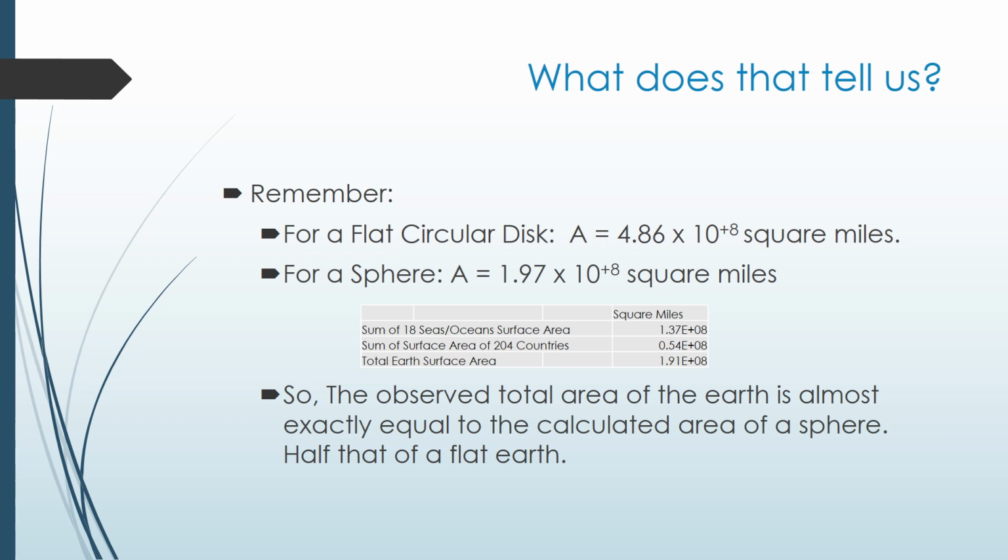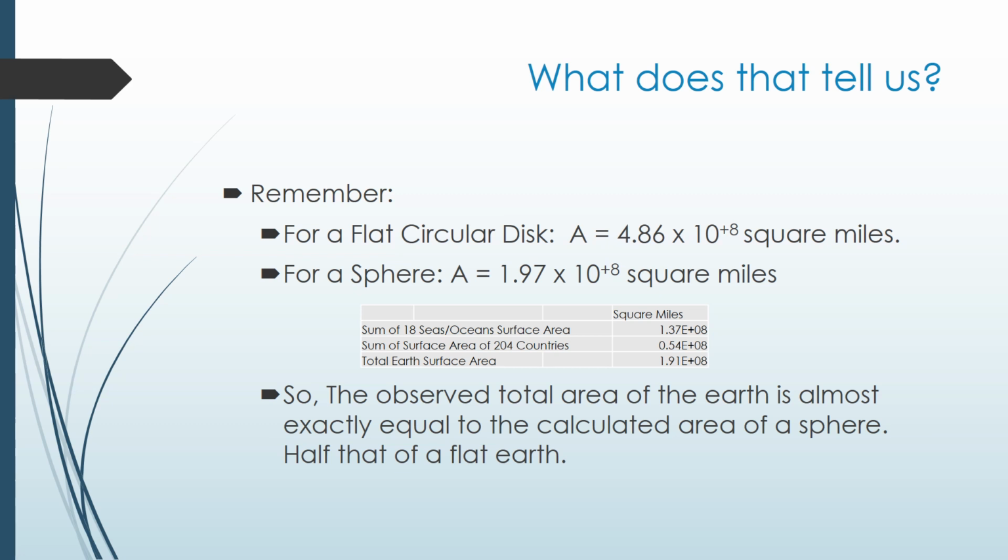So if I compare the total surface area to the two numbers above, 4.86 and 1.97, you can see clearly that the total surface area of the Earth, 1.91, is clearly closer to that of a sphere and not to the flat Earth.